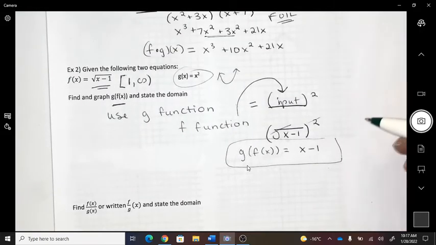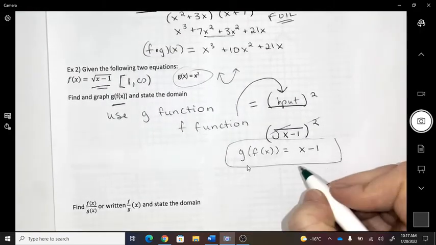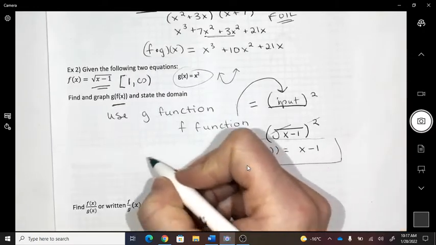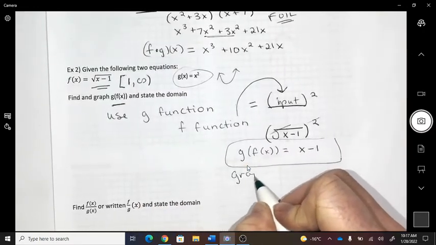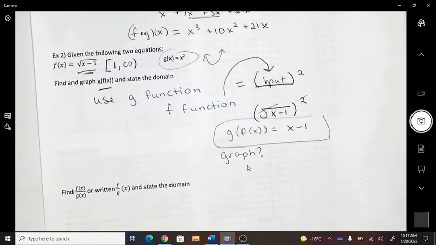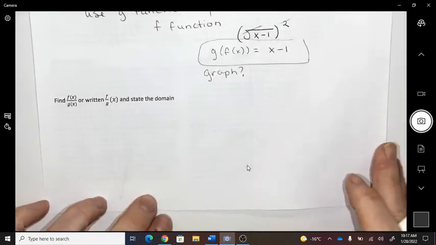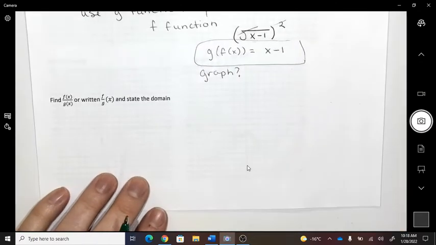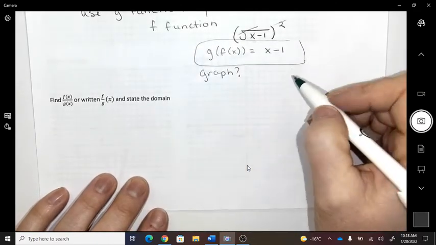Okay, how would I graph this? Let's talk about graphing something like this. Anybody know what shape this makes? From all your past experience of graphing, what shape is that? It's a line.